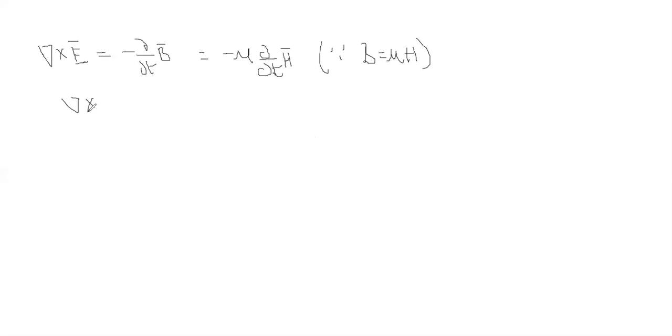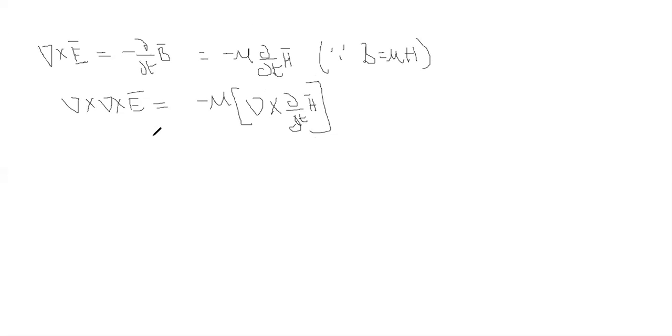Del cross of del cross E bar is equal to minus mu, which is a constant, del cross dou by dou T of H bar.